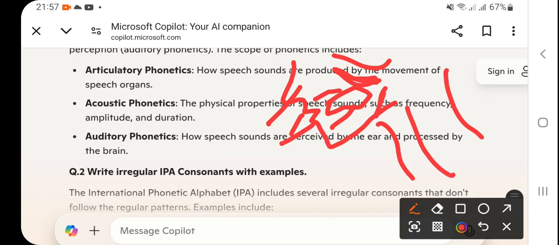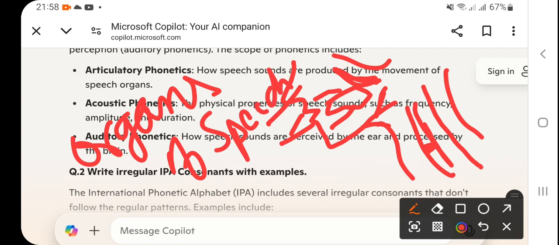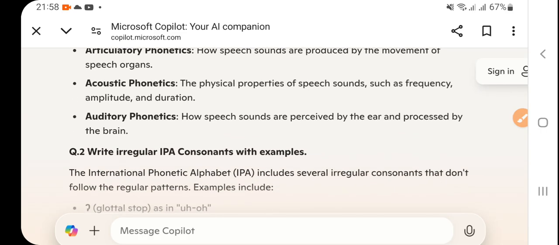Then the esophagus, the food pipe, and here is the vocal cord. So these are all called organs of speech. We have already discussed this in class. So articulatory phonetics is how speech sounds are produced by movement of speech organs.